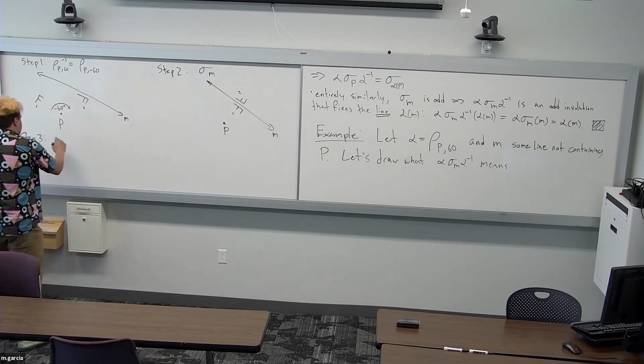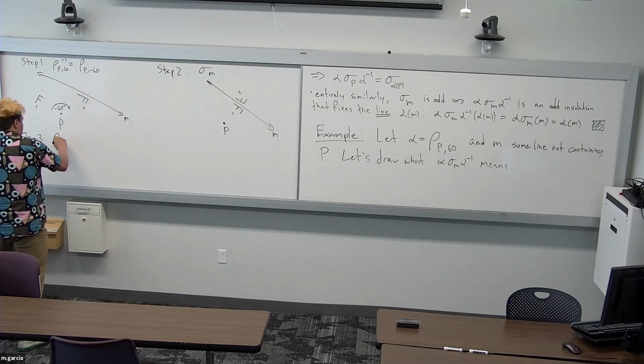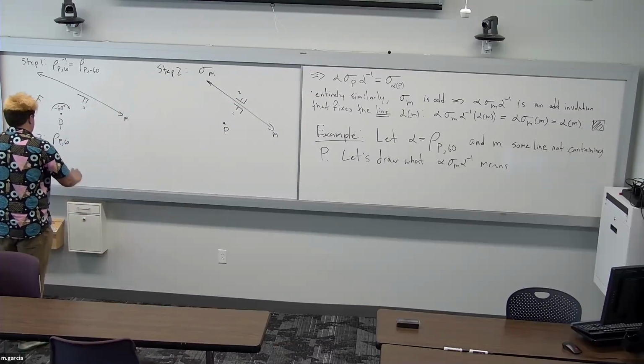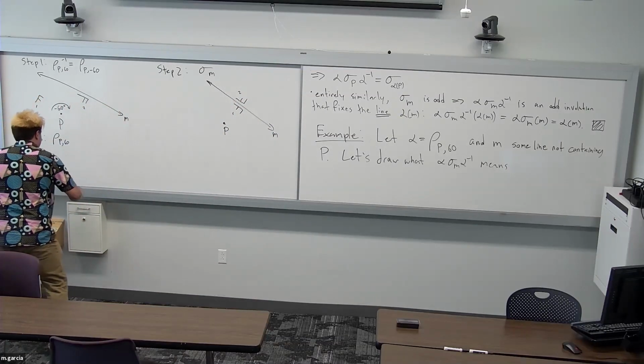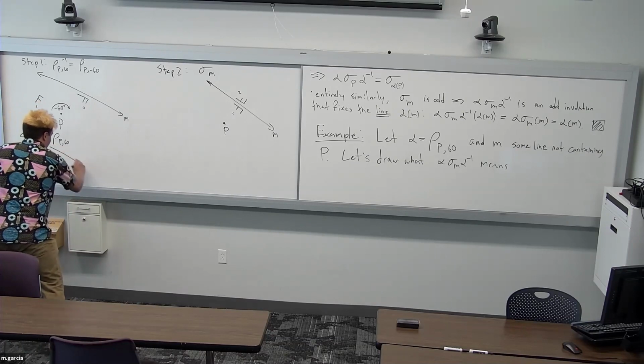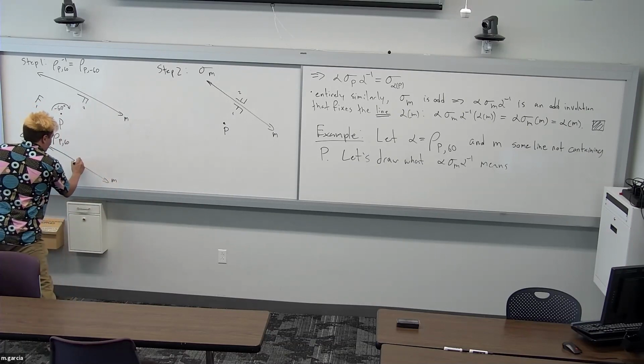I will do just the standard rotation, rho sub p comma 60. And so let me redraw my diagram again. I have P, have my line M, and now my F is here.